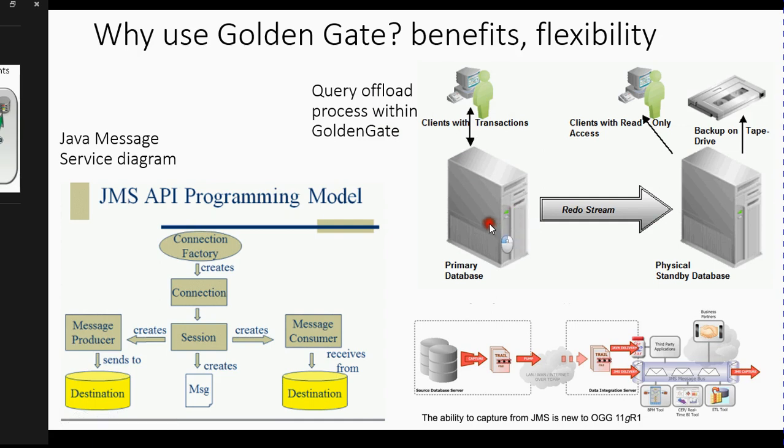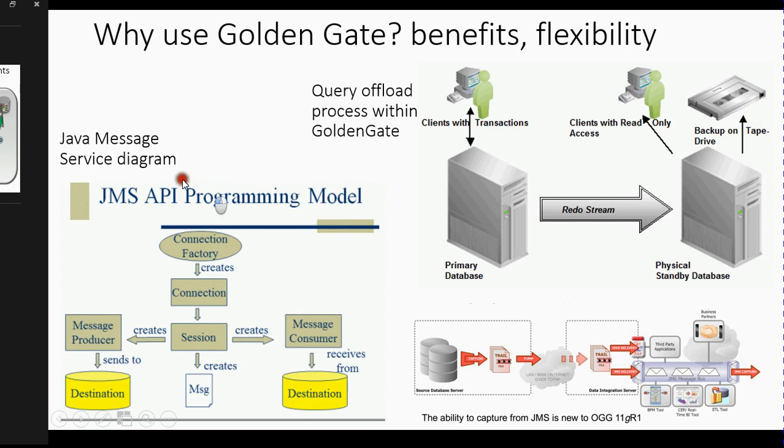As you commit your transactions, that information is instantly transferred over to the standby database, which also has the GoldenGate software installed in it. Then you have different users who are able to view that information immediately, or you can back up that information to tape or to drive.